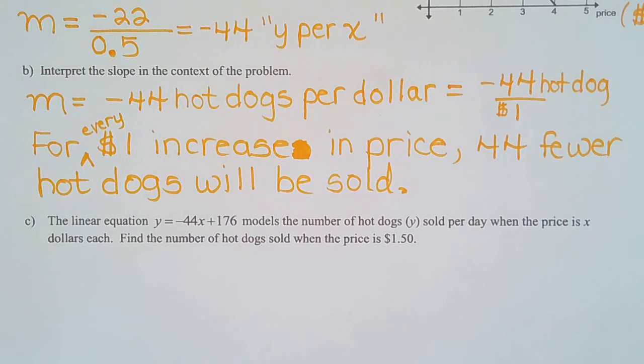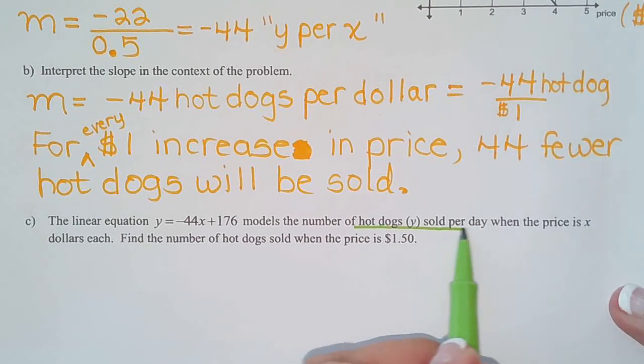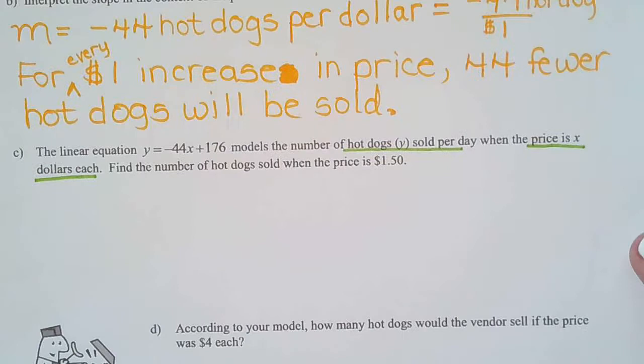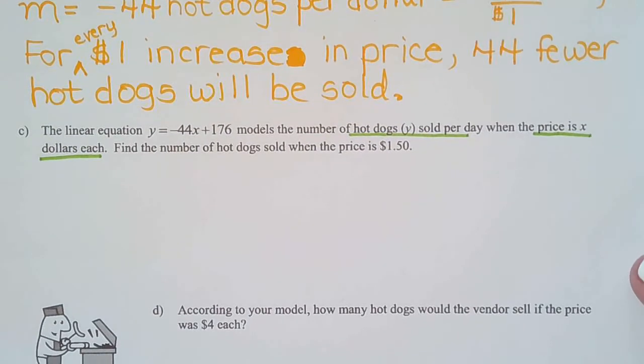Okay, so let's look at these last two parts. This linear equation models the number of hot dogs Y sold per day when the price is X dollars each. Find the number of hot dogs sold when the price is $1.50.